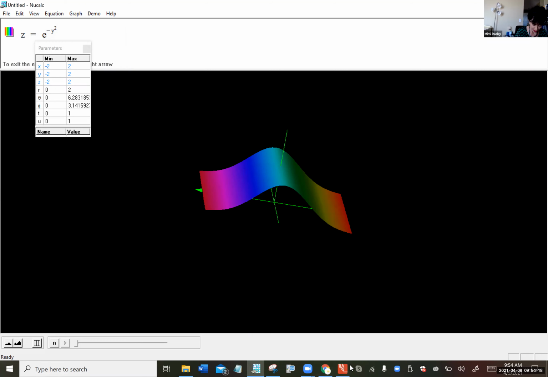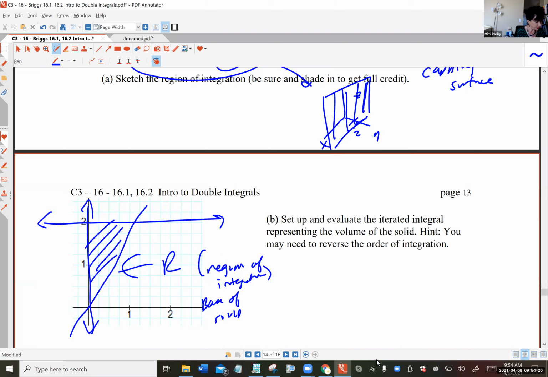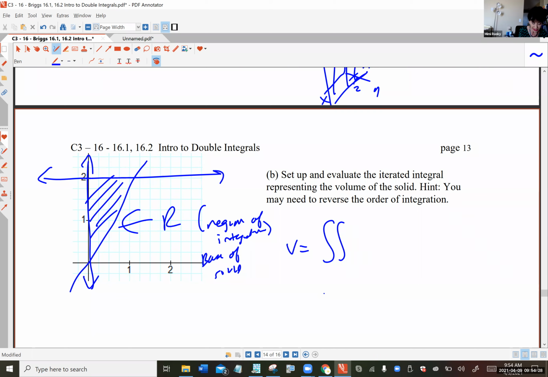Kind of pretty. Okay, so back to hand-to-hand combat. So if I start setting up my volume, you might go, hey, I like dy dx. That's my favorite order of integration. Okay, and it looks like x is going from 0 to 1. And be careful, what's y doing?